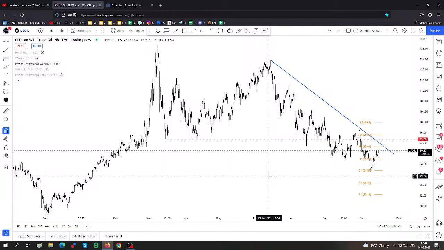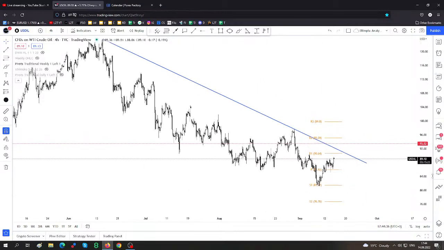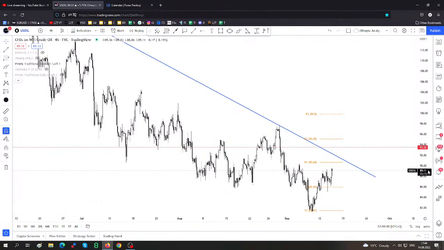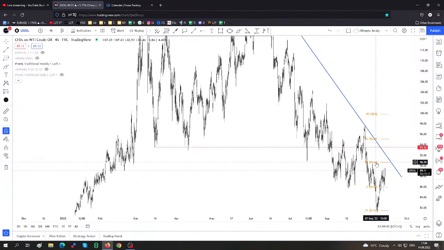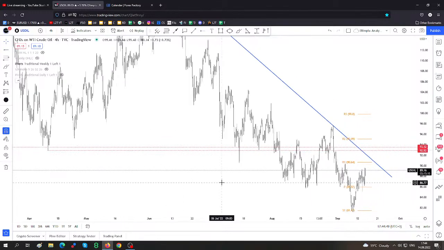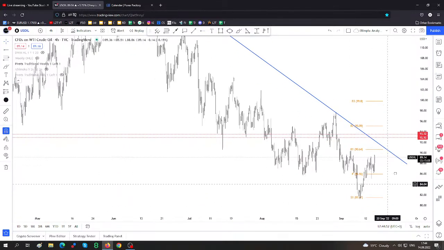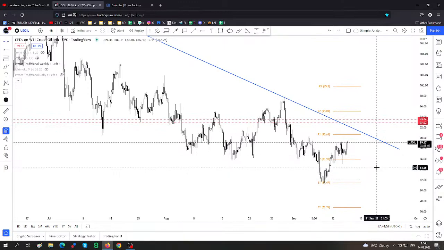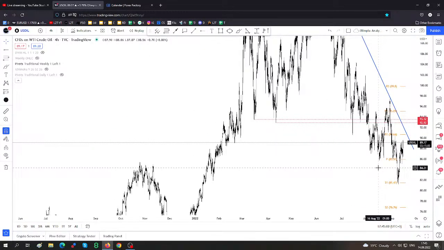Let's take a look. US oil, as long as it stays below 93.52, this key level, or we have a key level here, 92.92. And as long as it stays below this downtrend line, maybe I will look only for potential shorts.